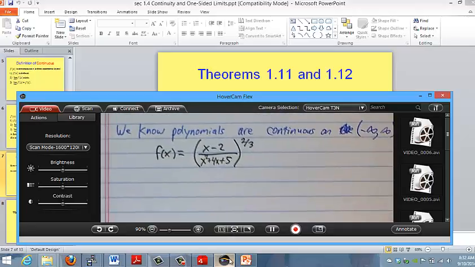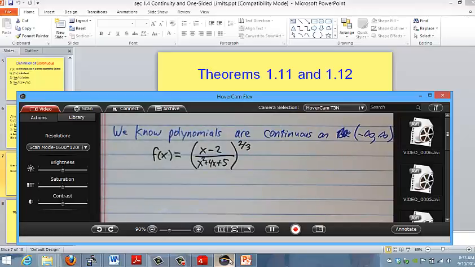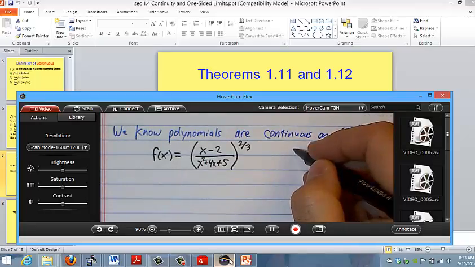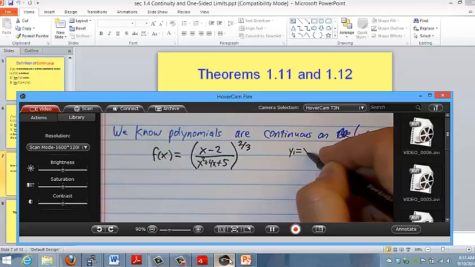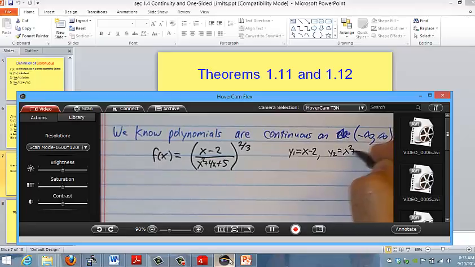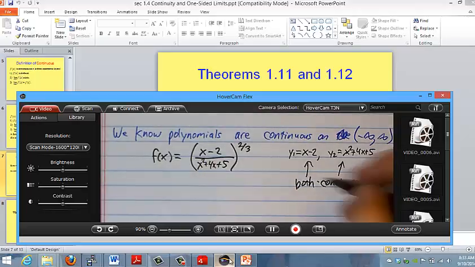We know that polynomials are continuous on negative infinity to positive infinity. So what that means is, if I take the function, I'll call it y1 equals x minus 2, and y2 equals x squared plus 4x plus 5, these guys are both continuous on negative infinity to positive infinity, right? Because they're polynomials.